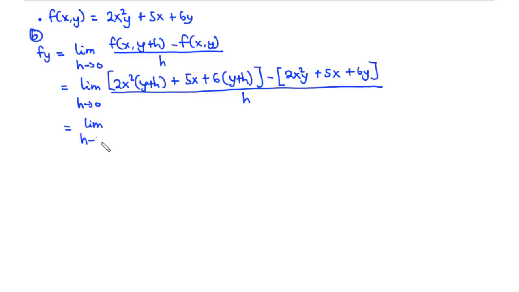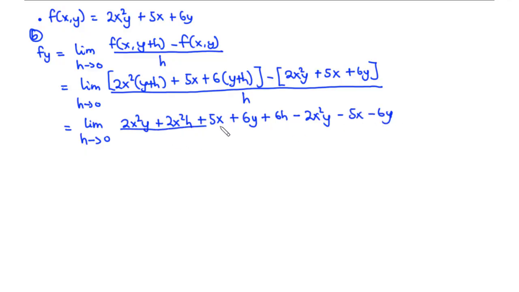Now let's work out the numerator. We have the limit as h approaches 0. Now let's multiply the outer values across. So we are going to have 2x squared times y plus 2x squared times h plus 5x plus 6y minus 6y plus 6h minus 2x squared y minus 5x minus 6y, all divided by h.